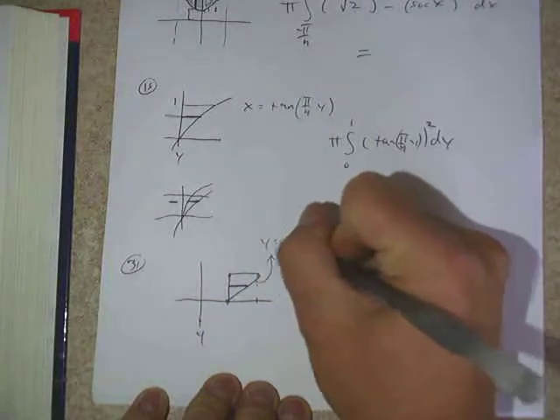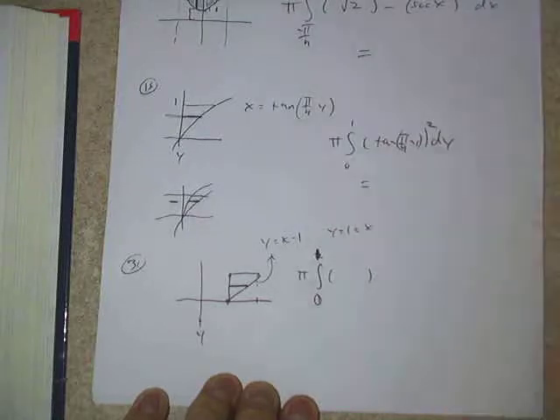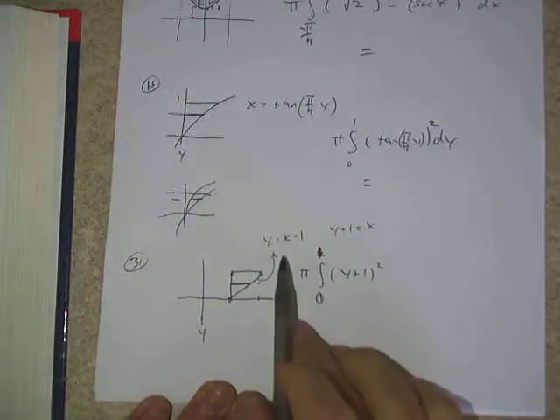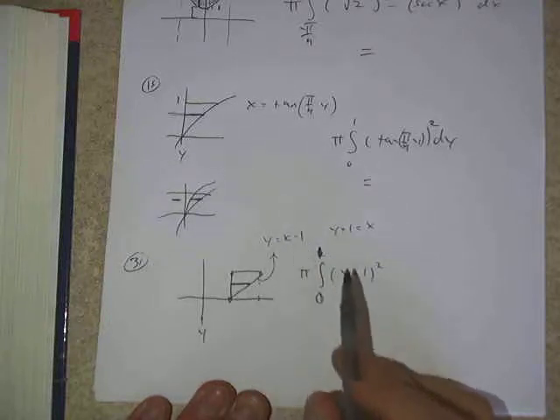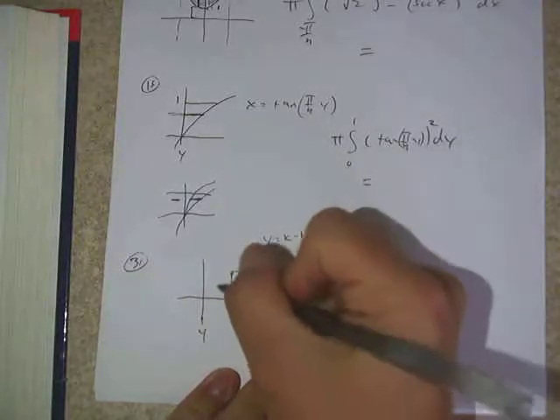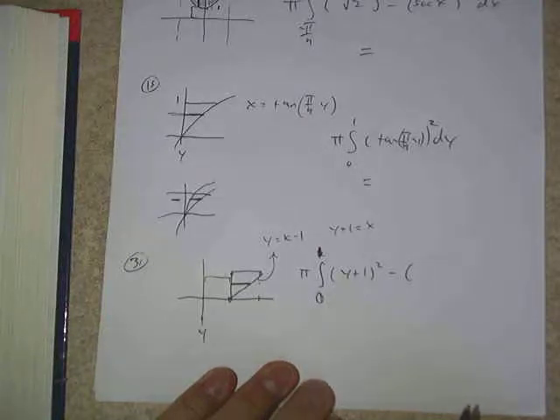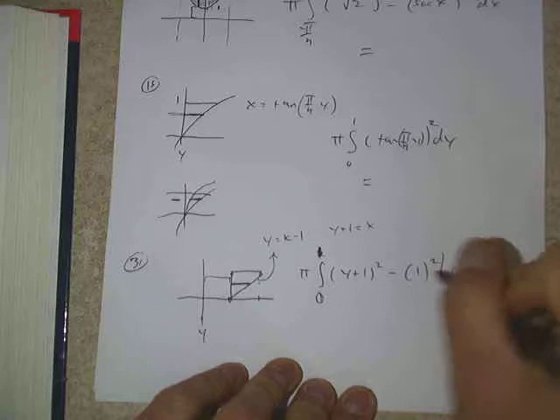If we go down 1 over 1 here, the equation of this line would be y equals x minus 1. And so therefore y plus 1 would equal x. So our outside radius would be that y plus 1. Then we're going to take the equation of this line right here and solve it for x, because we're dealing with y coordinates here. And then we're going to subtract the inside radius, and what's the inside radius, which is this right here?